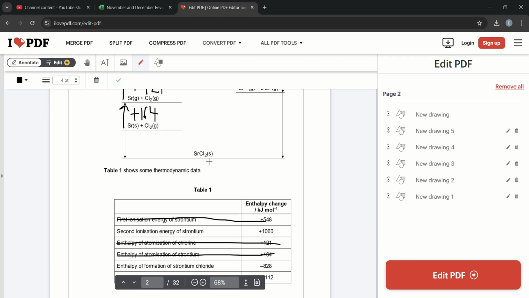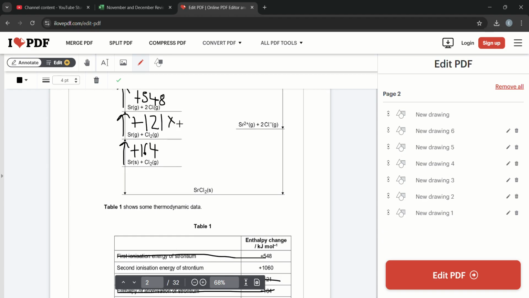A quick thing, because we have two chlorines, the enthalpy of atomisation of chlorine is going to be 121 times by 2, something I just spotted now. But now we can carry on.